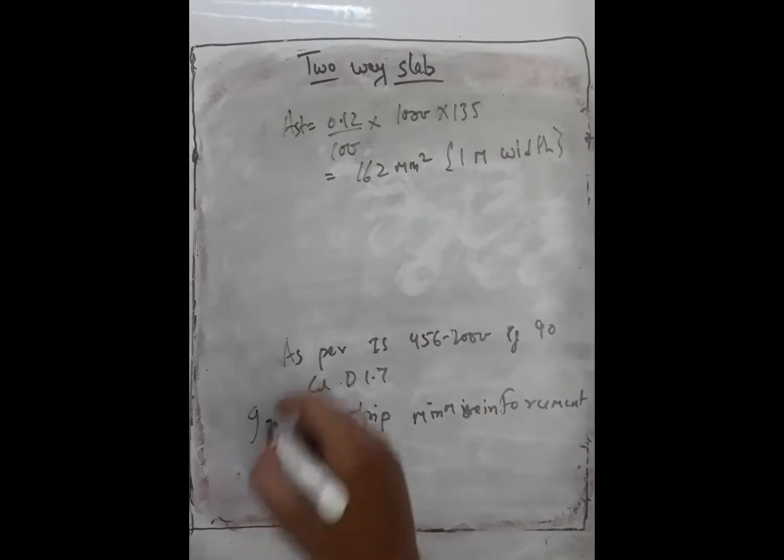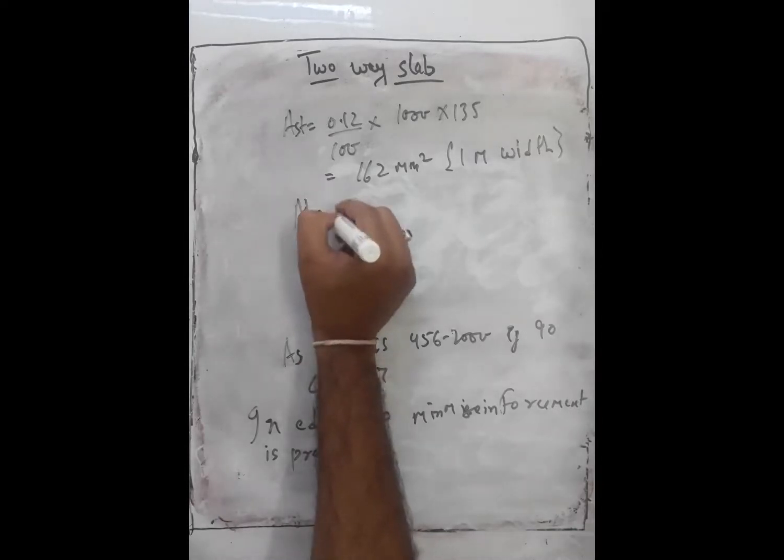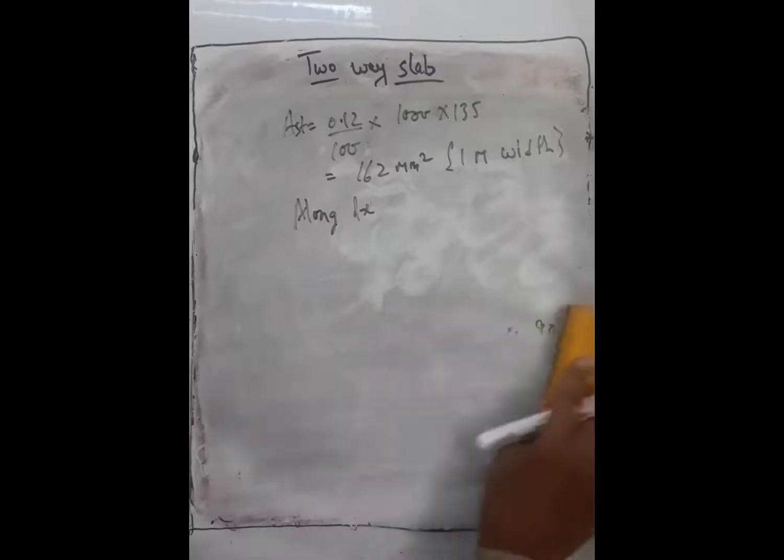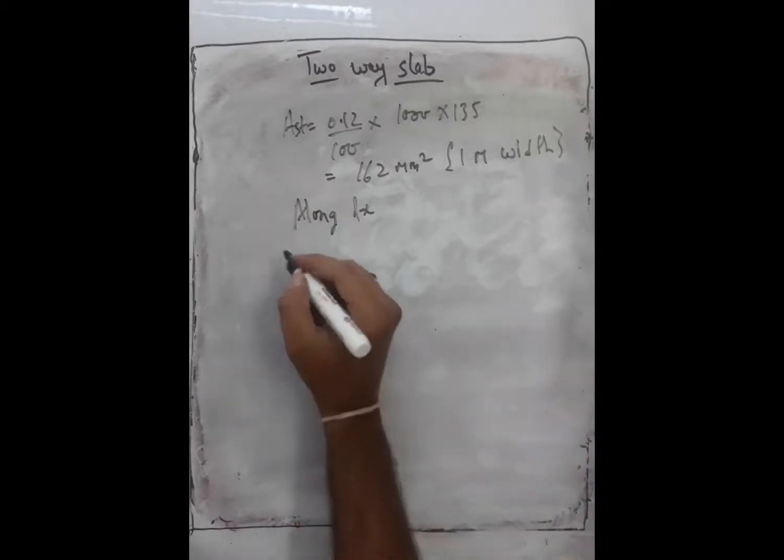Okay, now we have to find along Lx, because we have different values for Lx and Ly, so we have to find the edge strip for Lx and Ly.